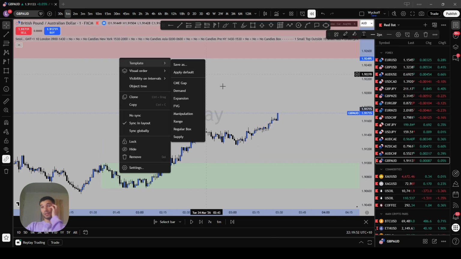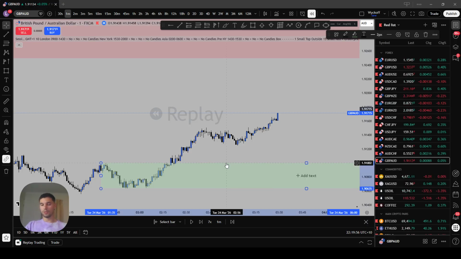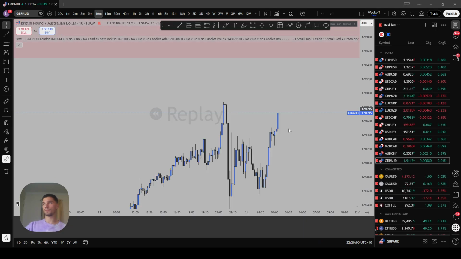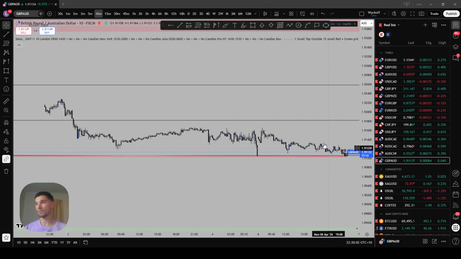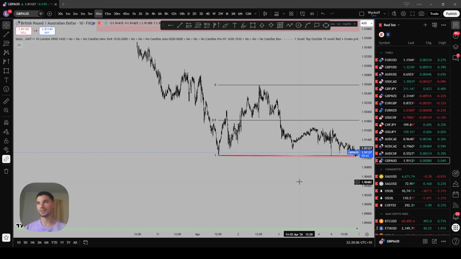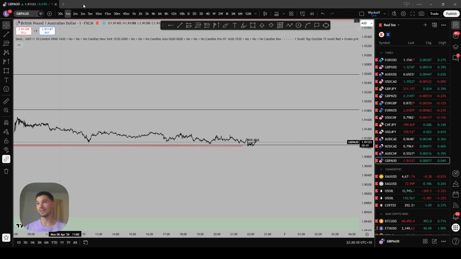Although this demand hasn't really done it yet, and it's being mitigated on a low time frame, so not really valid demand. I really don't mind this. Like this is clean.